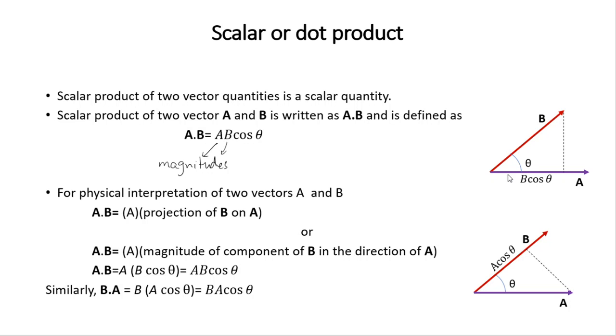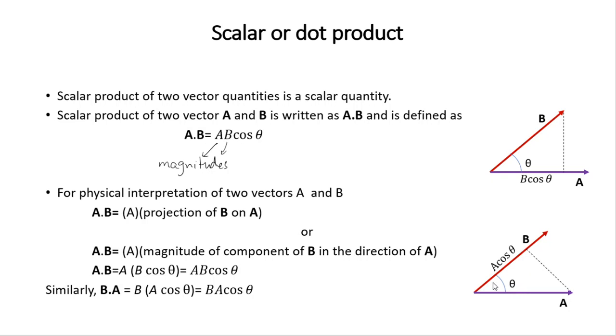In the figure you can see that vector a is along the x-axis while vector b is making an angle theta with a, and b cosine theta is the magnitude of the component of b in the direction of a. So when we multiply them, we get ab cosine theta. On the other side, the angle is between both vectors.